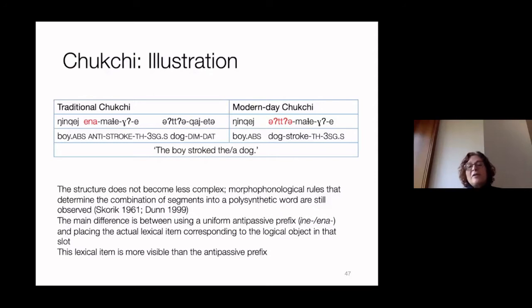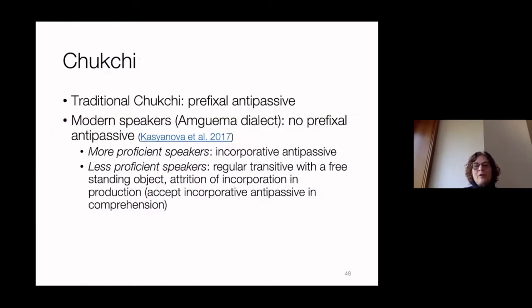The lexical item, as you can see from this example, actually undergoes some phonological change when it undergoes the incorporation. But the lexical item in the incorporative anti-passive is way more visible than the anti-passive prefix. And so the change from regular anti-passive to this incorporative anti-passive is quite predictable, quite expected. In modern speakers, we don't have any evidence of prefixal anti-passive.